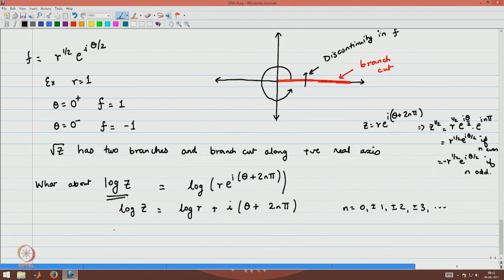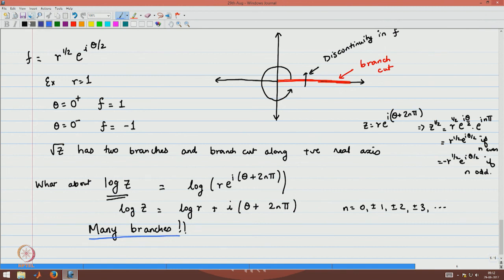So now what you see is that there are many branches. Okay, so whatever value of n you take, you will get a different branch, because the logarithm will have a different imaginary term, okay, and each of these is a different function, okay.